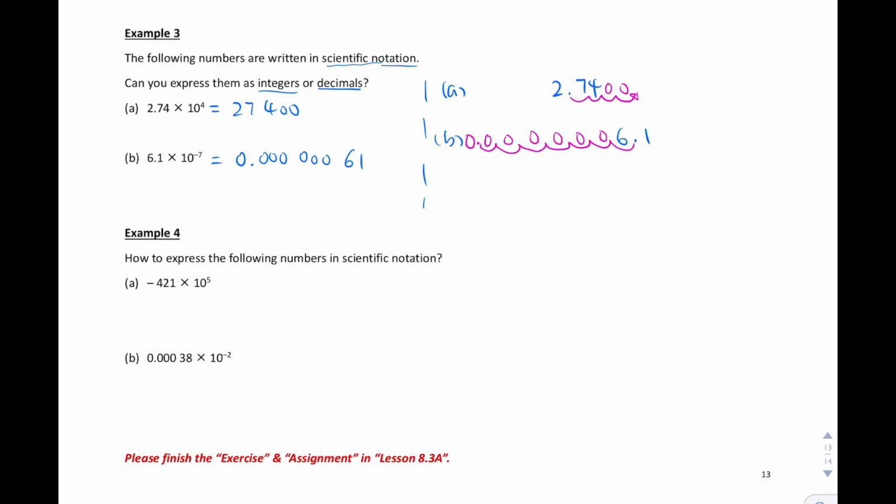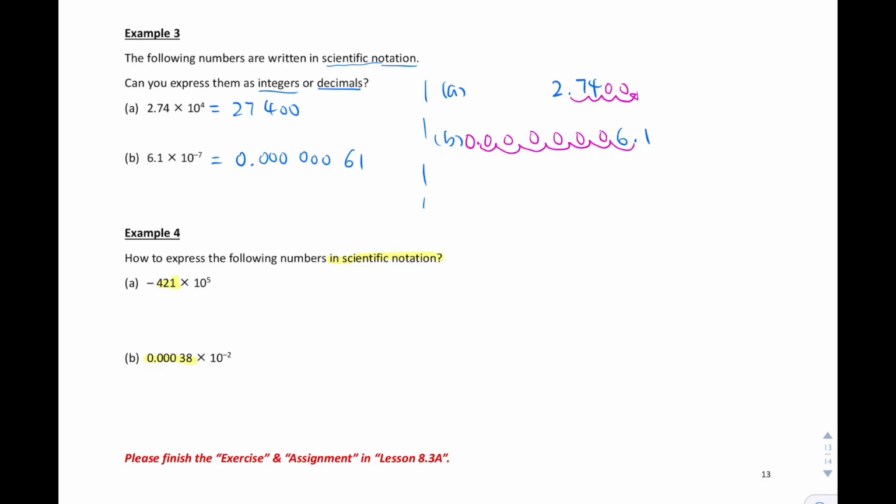Example 4. Here you have to express the numbers in scientific notation. For A and B, they are not in scientific notation because the number 421 is greater than 10, and 0.00038 is less than 1.